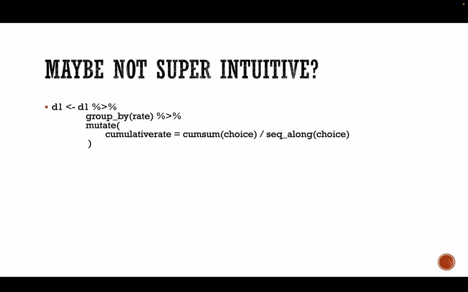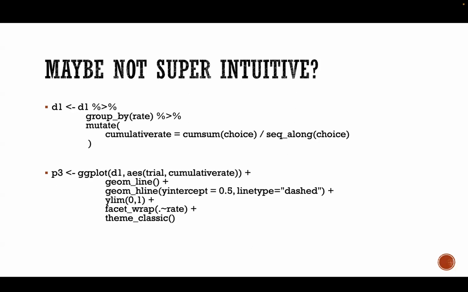In the second trial, it sums up the first and the second choice. In the third trial, it sums up the first, second, and third choice, and so on, divided by how many choices have been made so far. So the first trial, it's the choice divided by 1. In the second trial, it's the sum of the first and the second choice divided by 2. In the third, the sum of 1, 2, and 3 divided by 3. Right?